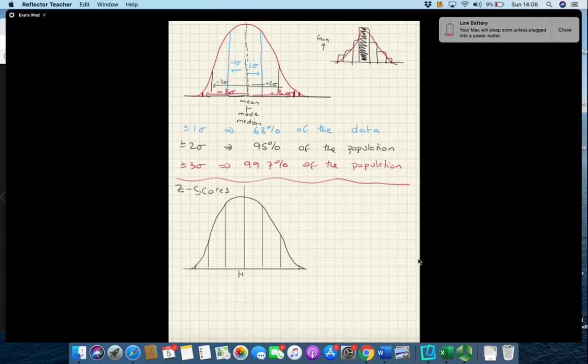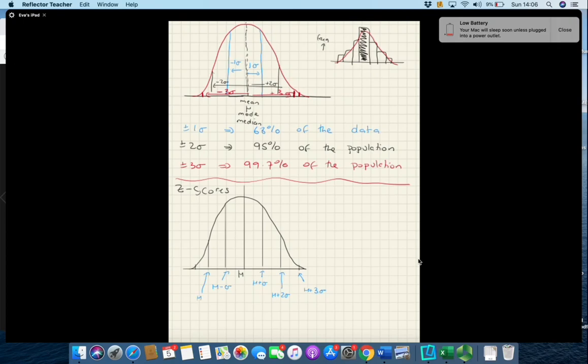Okay, so what we have here is mu plus 1 standard deviation. What we have at this one is mu plus 2 standard deviations, and what we have here is mu plus 3 standard deviations. What we have here is mu minus 1 standard deviation.